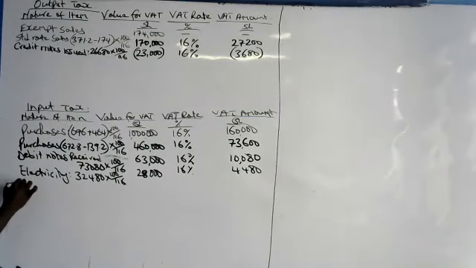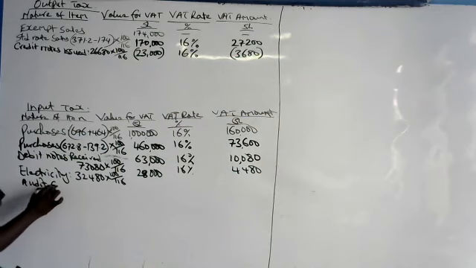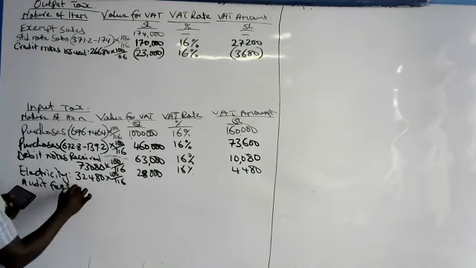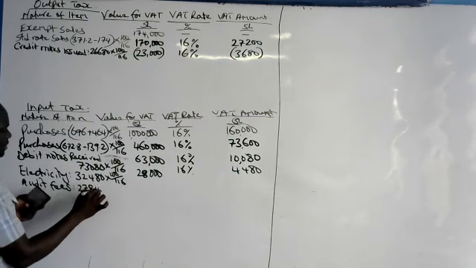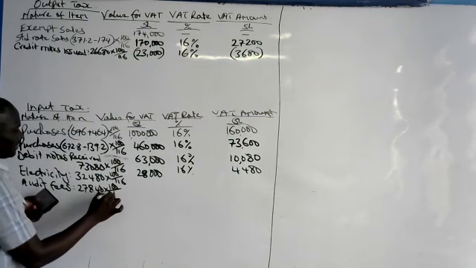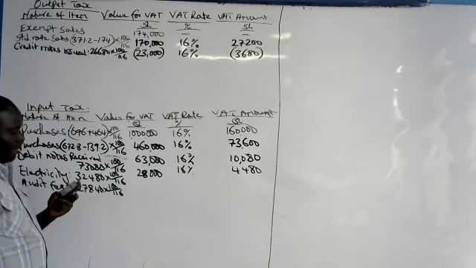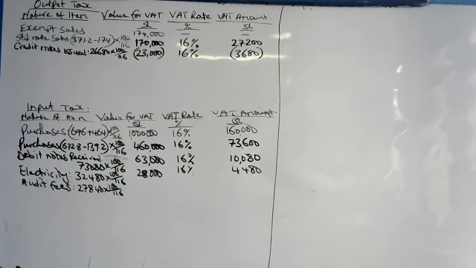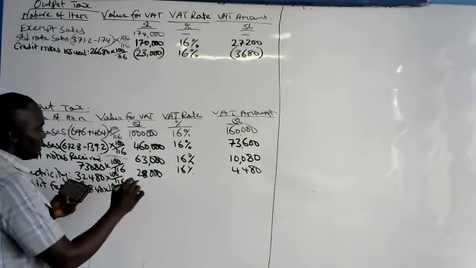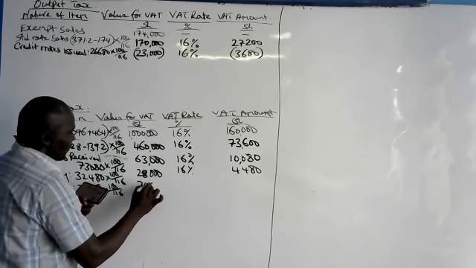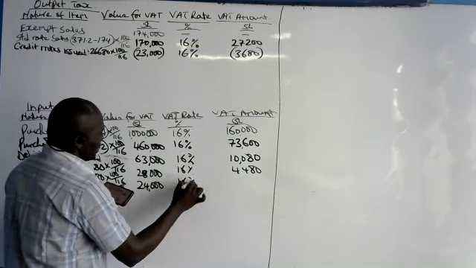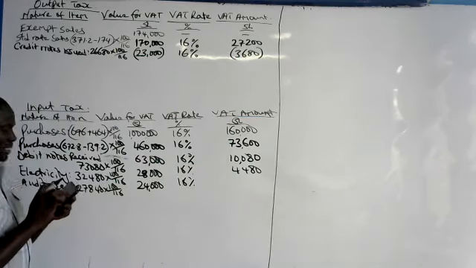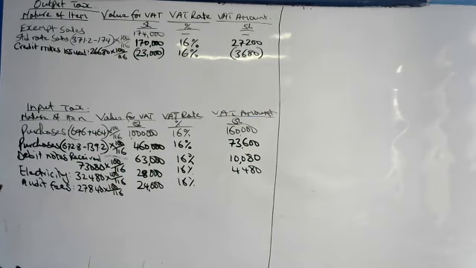Settled audit fees. So audit fees 27,840. 100 over 116. How much? 4,000. 24,000, 16%. 3840, kindly put it there.